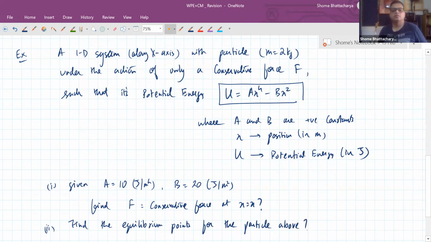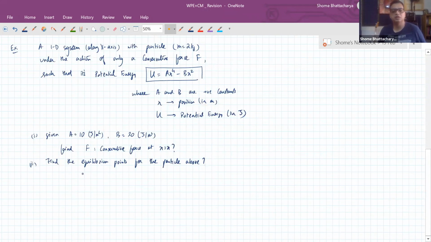And we will understand whether these equilibrium points are stable or unstable. So we will show which of them are the stable equilibrium points and which of them are the unstable equilibrium points. Okay.